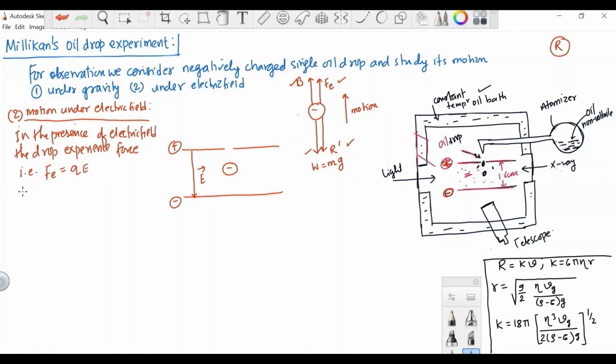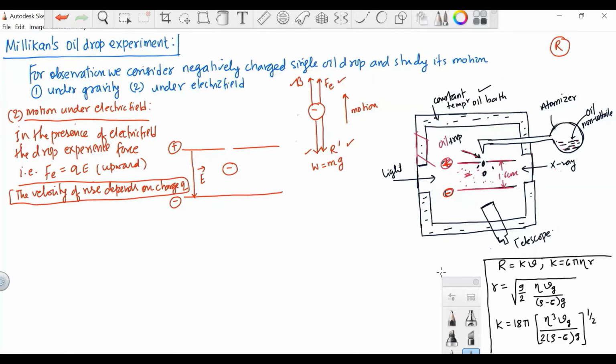This is in magnitude, and this force is directed upward. We can see it is acting in the upward direction, and the velocity of rise, since the drop is moving upward, depends on charge Q. So we have this.